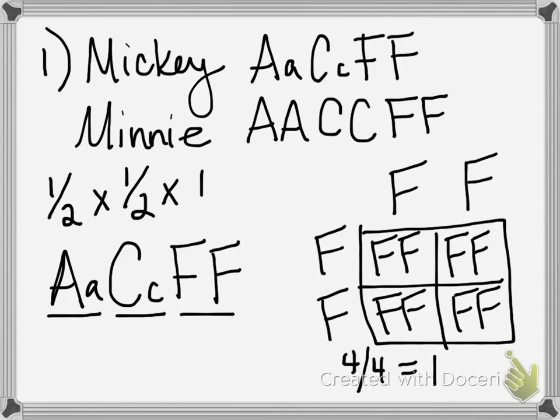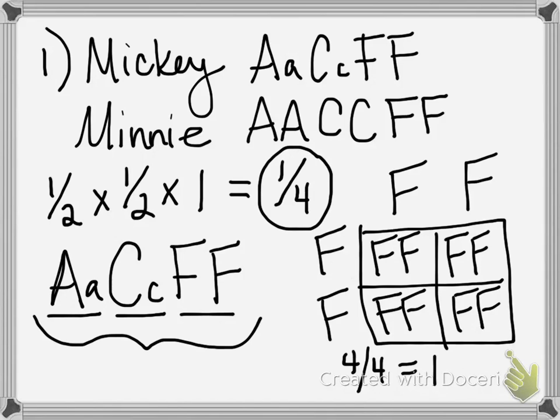Remember, these are all independent events because these genes independently assort. So you multiply the probabilities together, and the answer will be 1/4. That's the probability of their baby mouse having this genotype.